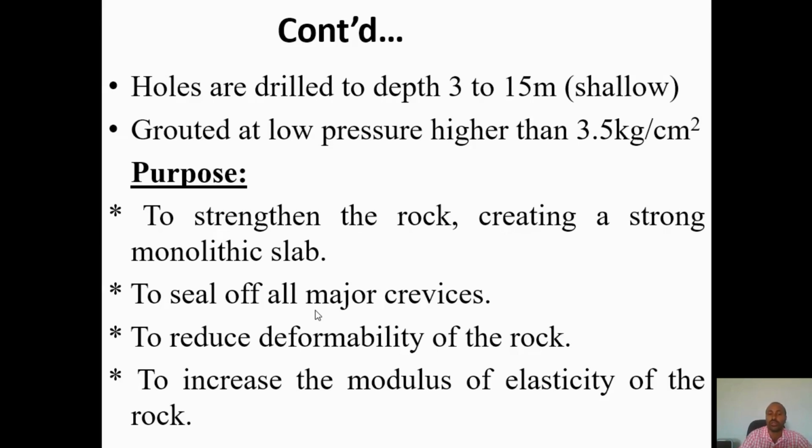So the rock deformability will be minimized. It will not be deformed under the load of the structure, and the modulus of elasticity of the rock will also be increased.